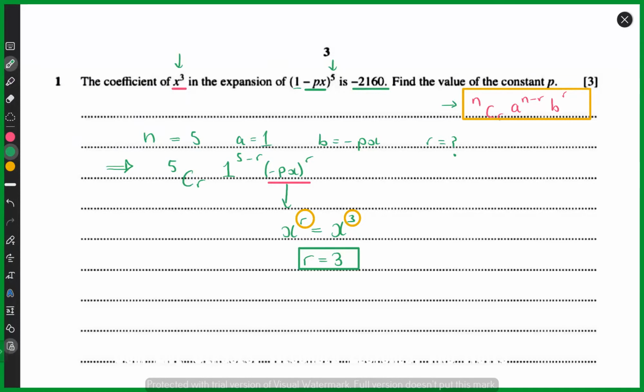Okay. So now let's do it quickly using the same formula. Now I know that it's 5c3, 1 power 5 minus 3, minus p x power 3, and this is going to give you 5c3.